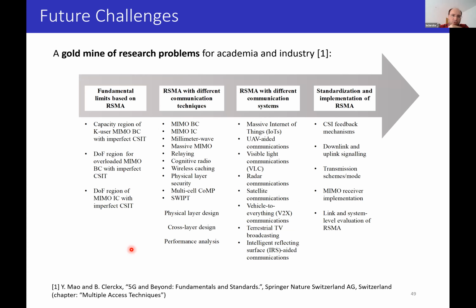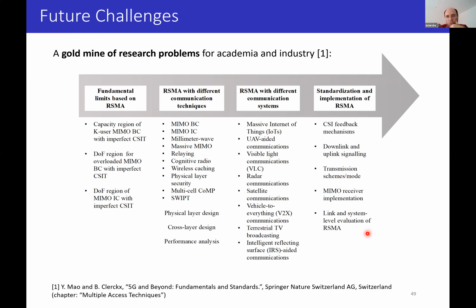So you can look at this from different perspectives in terms of fundamental limits. What are the fundamental limits achieved by rate splitting multiple access, in terms of interplay with other communication techniques, in terms of interplay with other communication systems? It does not have to be only terrestrial or RF, it could be visible light, it could be satellite, it could be aerial networks, and so on.